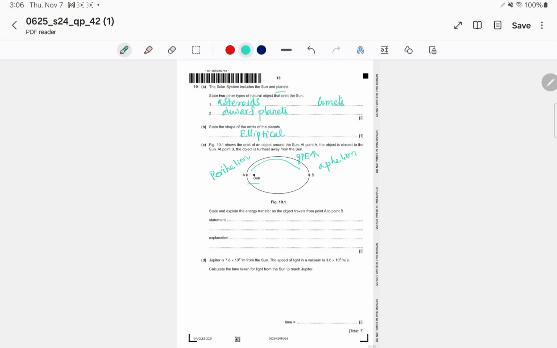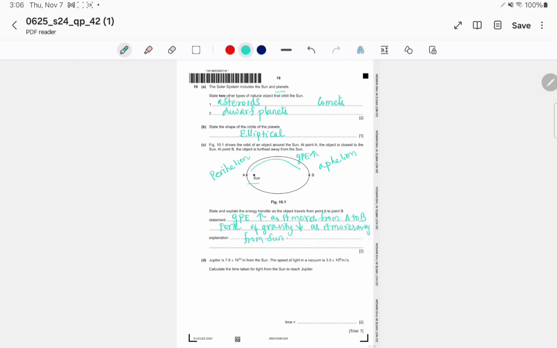The kinetic energy decreases. As the object moves from A to B, because it is moving further away from the sun, the force of gravity on the object decreases, as it moves away from the sun.